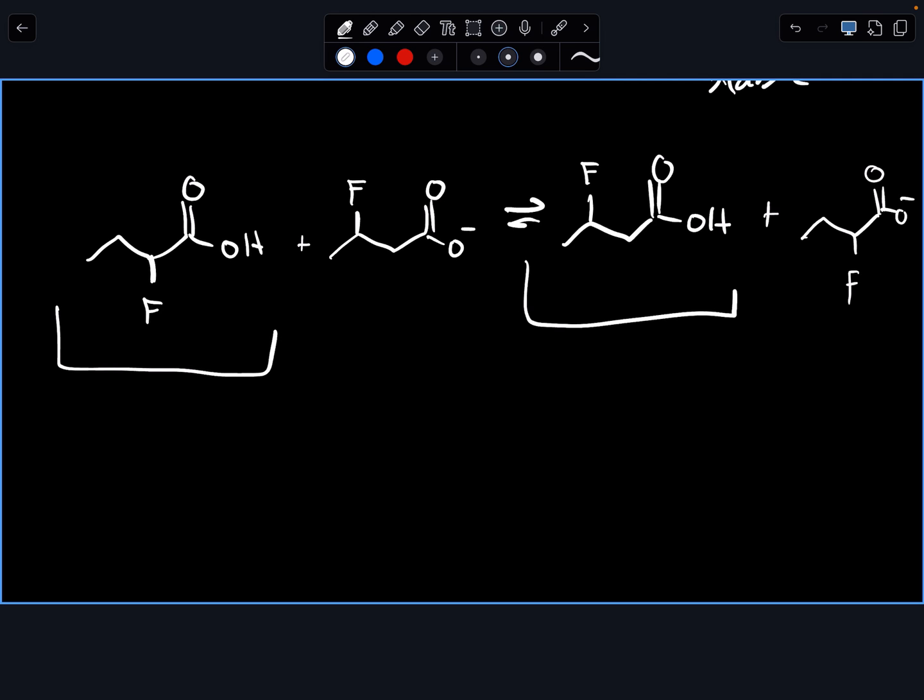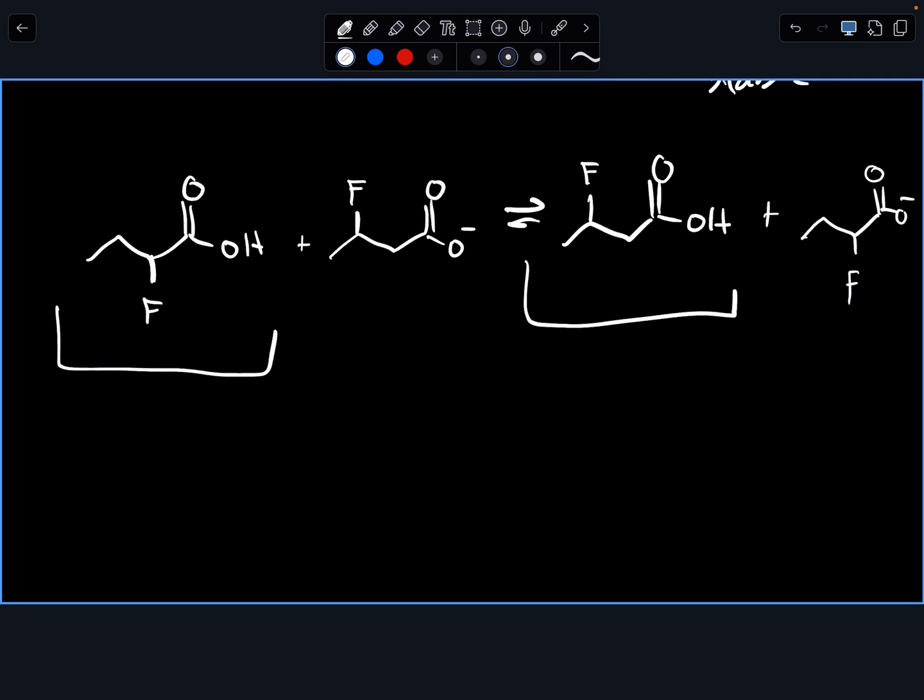You go to the third criterion, which is: is there resonance possible if you make an anion? Both of these have resonance possible, so there's no difference. So then you go to the fourth one, which is presence of nearby electronegative atoms. The acid on the left has a fluorine nearby, an electronegative atom.